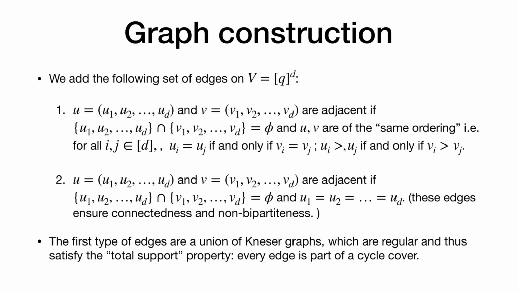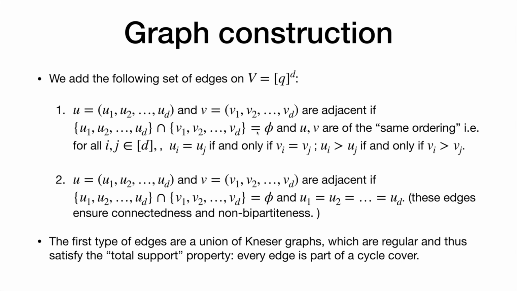So why did we do this? We could add all the edges between U and V if their supports are disjoint. But then the issue is you can no longer prove the cycle cover property, that every edge in this graph is contained in a cycle cover.